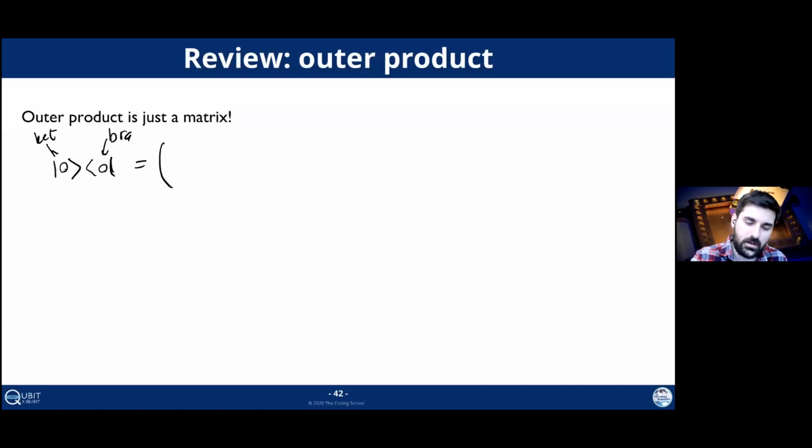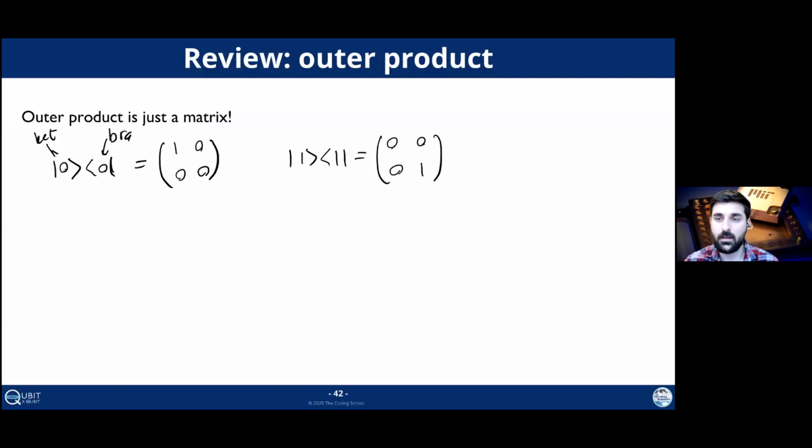So in this case, if I have 0 outer producted with 0, that just gives me 1, 0, 0, 0. It's just a matrix, just like that. Or if I have 1 outer producted with 1, again, that's just a matrix where the 1, 1 element is equal to 1, and everything else is equal to 0. 0, 0, 0, 1.